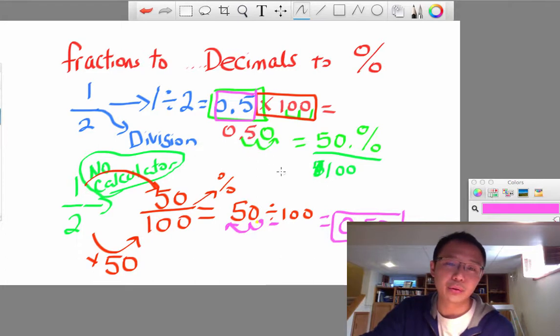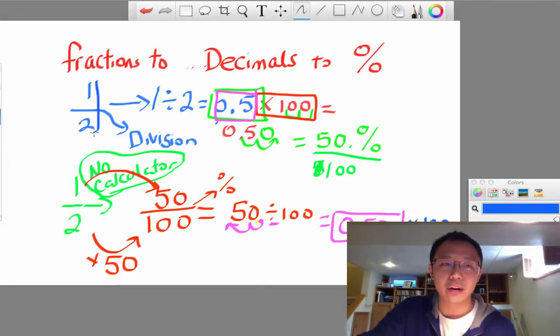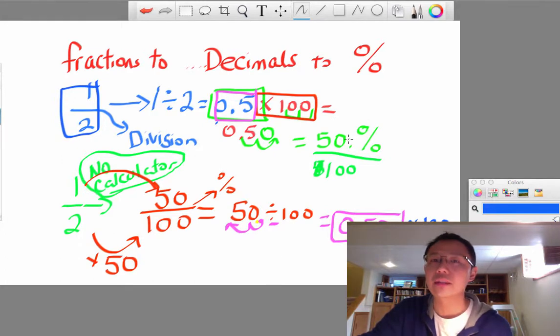And then if you want to change it into a percentage, you do exactly the same thing as what you did here, and you multiply by 100 because remember percentages are out of 100, so it's going to be 50%. Okay, so you just have to understand that from fraction to decimal is just division. With the calculator it's really easy because it's just 1 divided by 2 and then multiply by 100 to get to percentage.